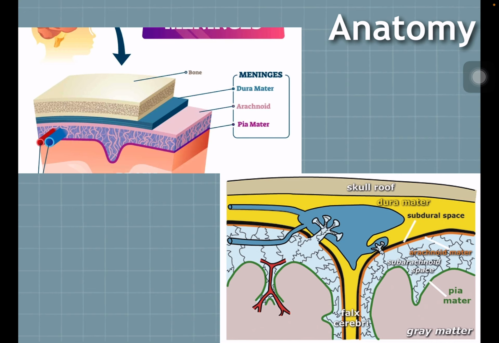In subarachnoid hemorrhage, the bleed is within the subarachnoid space. Subdural hemorrhage might be caused by venous hemorrhage, which creates an artificial subdural space between the arachnoid mater and dura mater. And EDH, extradural hemorrhage, is a collection of blood that forms between the inner surface of the skull and the outer layer of the dura.